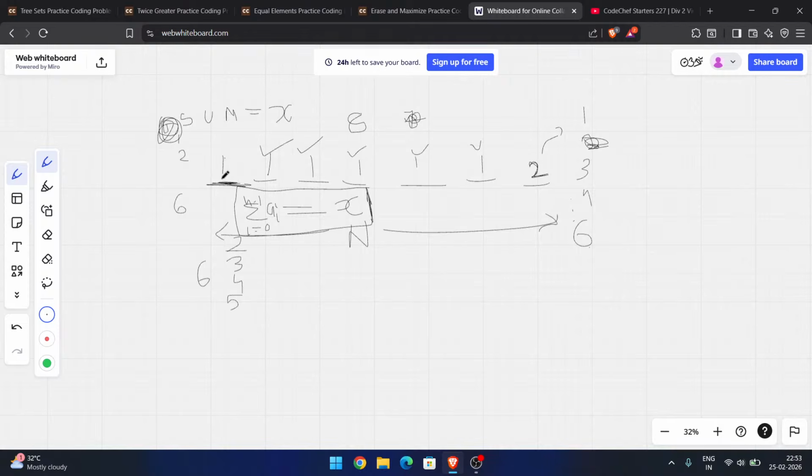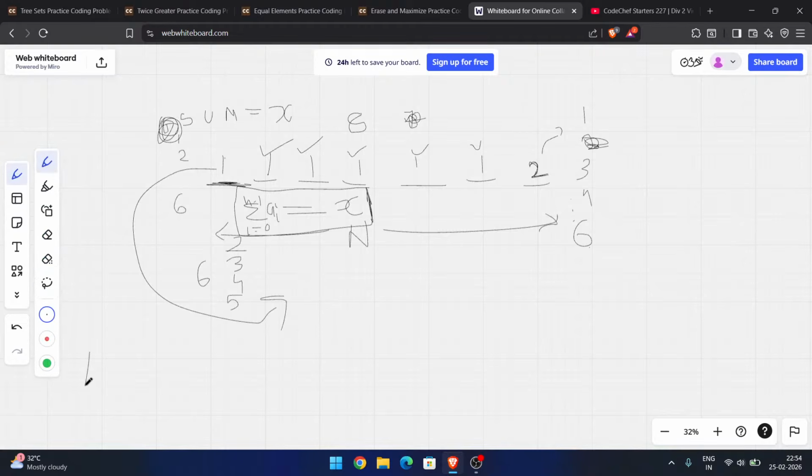If I can't take one, I want this sum to be maximum. So what should I take? Isn't it best that I take 6? Because if I want maximum, I would simply take the maximum available number.